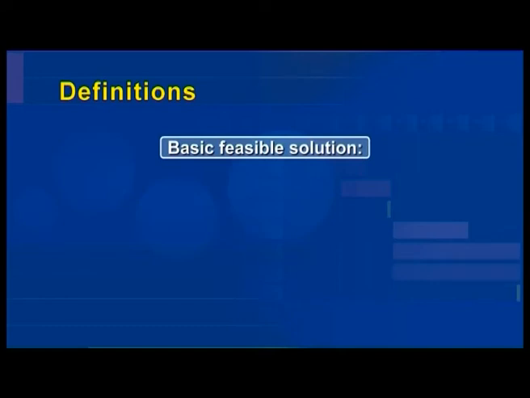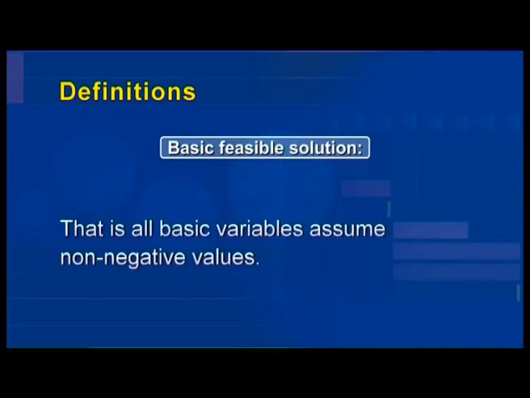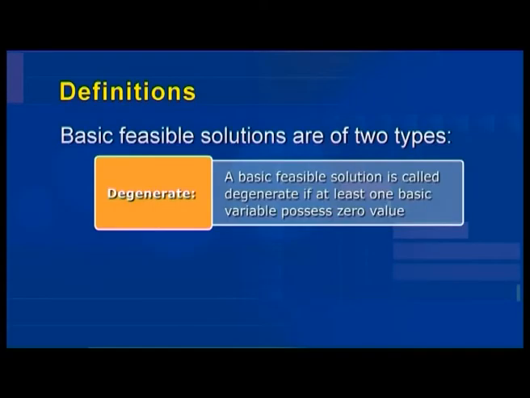Basic feasible solution. A feasible solution to a linear programming problem, which is also the basic solution, is called the basic feasible solution. That is, all basic variables assume non-negative values. Basic feasible solutions are of two types. A. Degenerate.